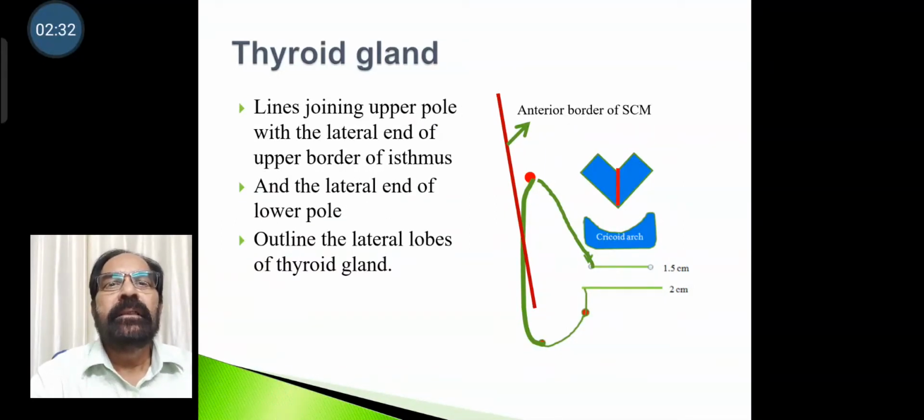Then lines joining the upper pole with the lateral end of upper border and the lateral end of lower pole outline the lateral lobes of thyroid gland. So these can be seen in the pictures.